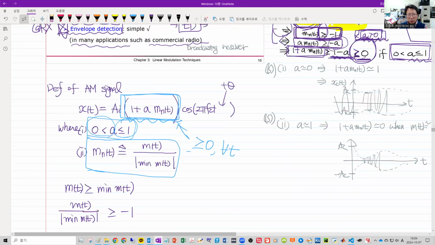So let's go back to our formula. First, what happens if A is very small? Which means that the normalized message is very small relative to this constant 1. Got it? So the envelope variation would be relatively smaller. What if A is close to 1?